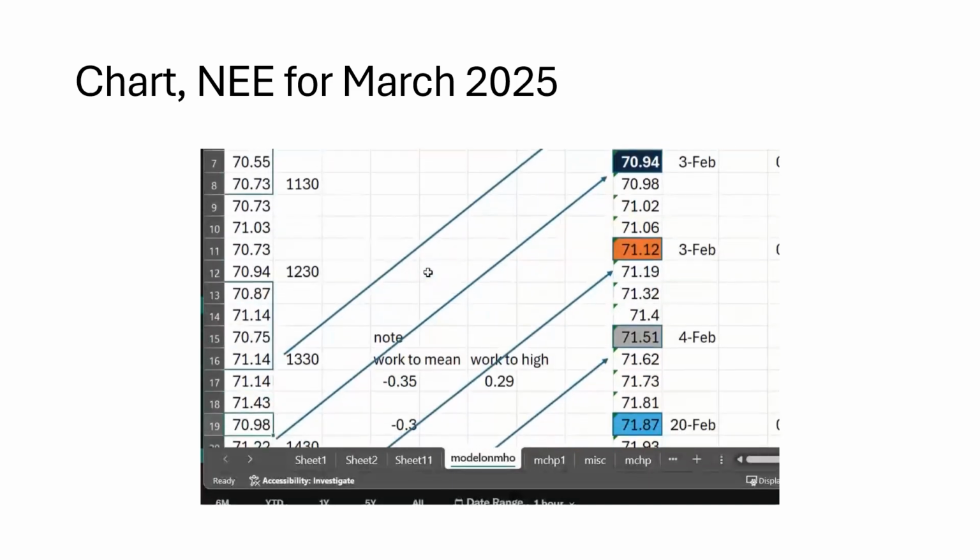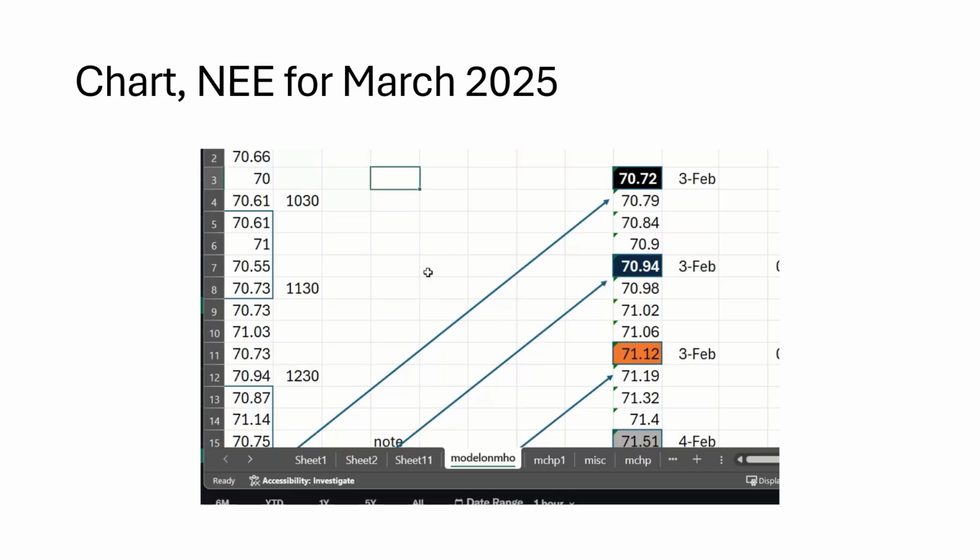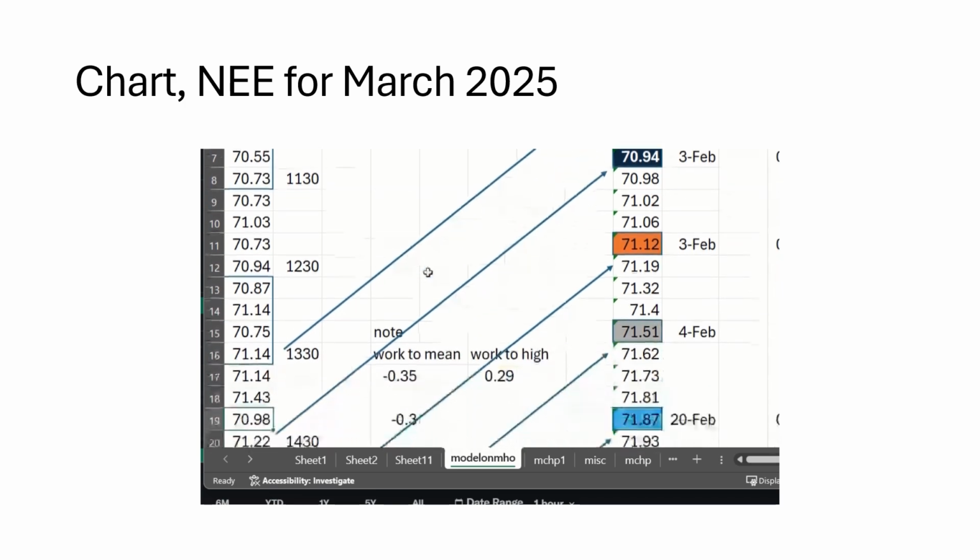So after 4 hours of trading, the stock closed at 71.14, okay? Closed at 71.14. The average for those 4 hours was $70.72. We know that the close was above the average. We know that the day overall was bullish. Okay. All right.